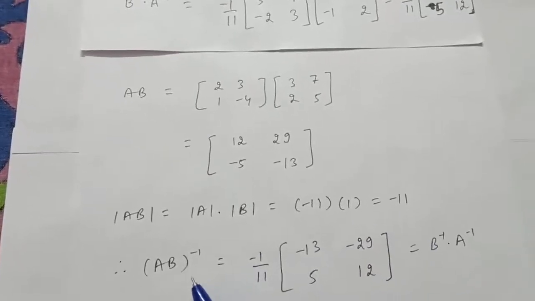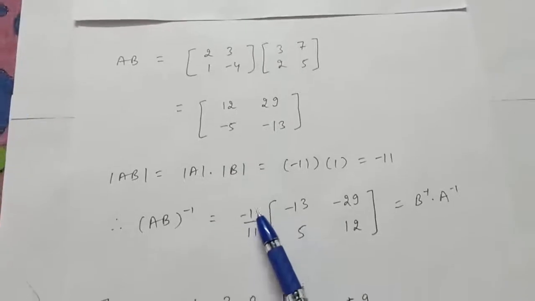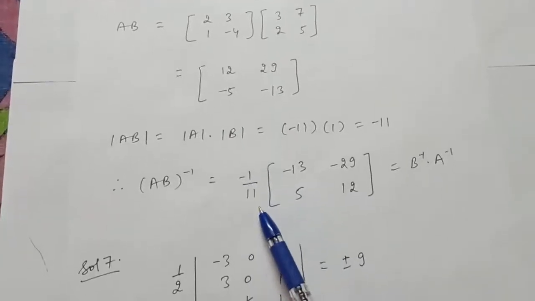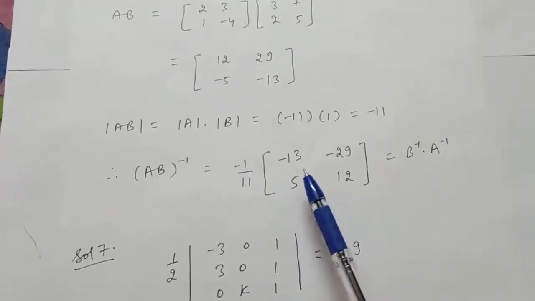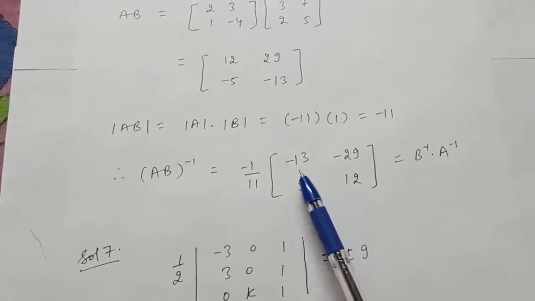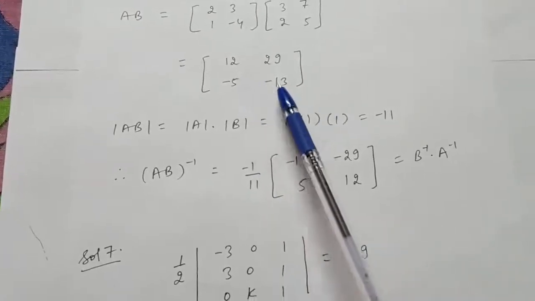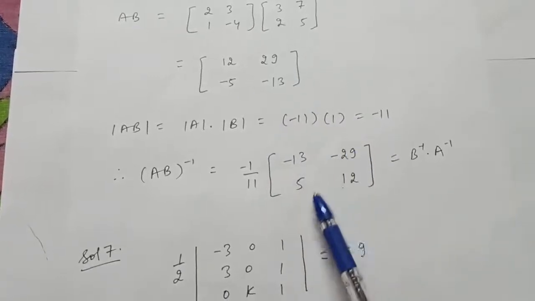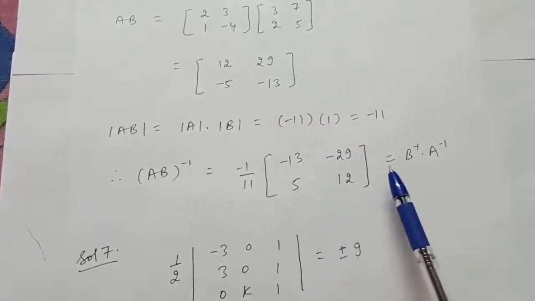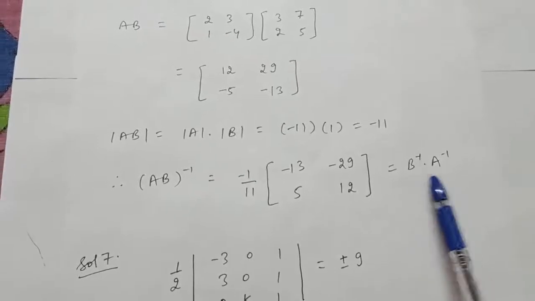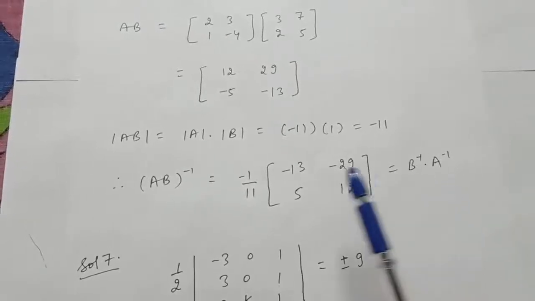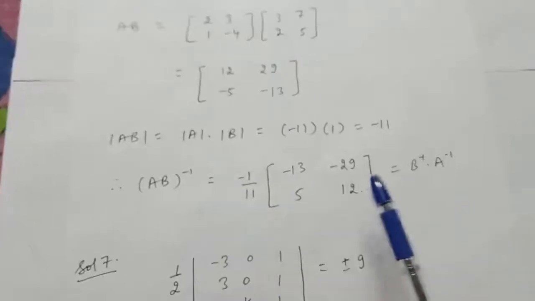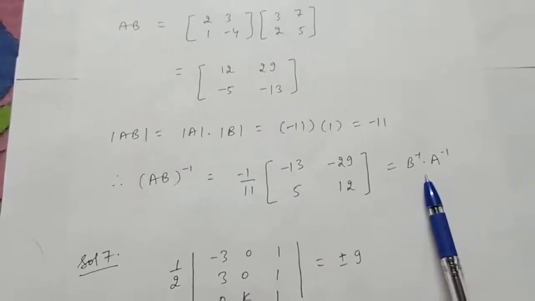Now (AB) whole inverse will be 1 upon determinant of AB, which is minus 11, into adjoint of AB. Now adjoint will be: interchange these diagonal elements and change the sign of non-diagonal elements. So this is equal to B inverse into A inverse. Therefore we can say (AB) whole inverse is equal to B inverse into A inverse, right?